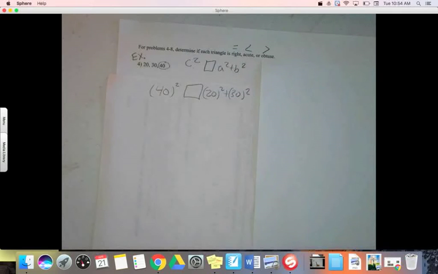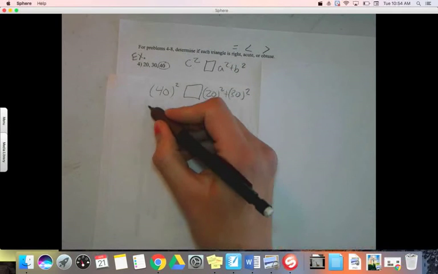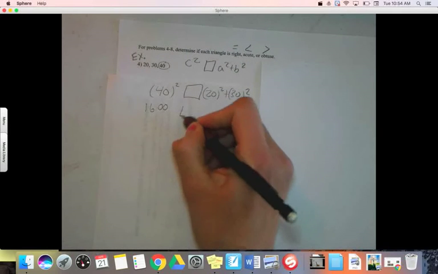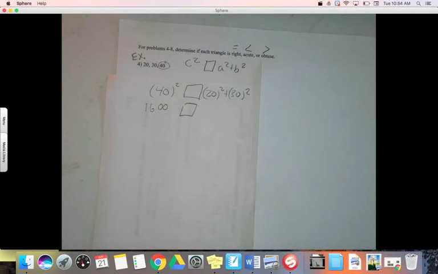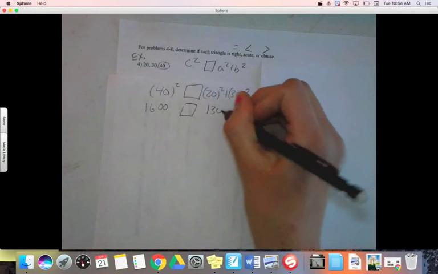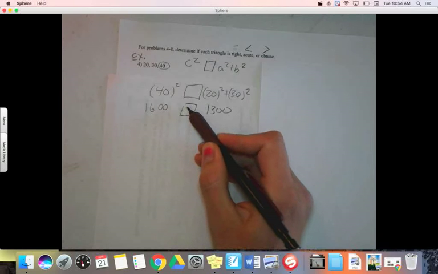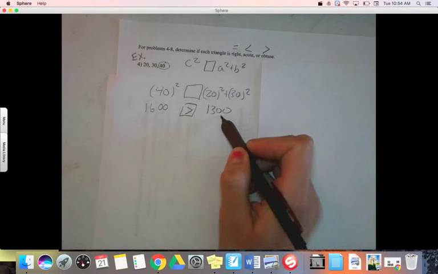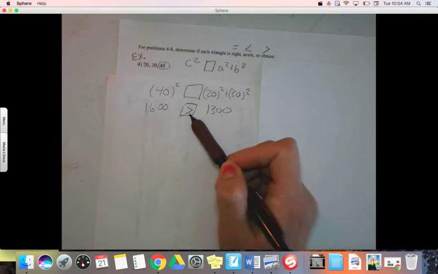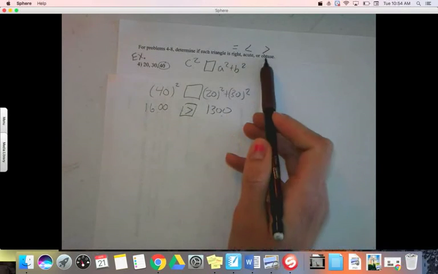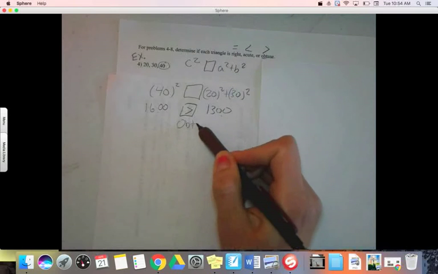So if I figure out what 40 squared is, which is 1600, and what 20 squared plus 30 squared is, 1300, c squared is greater than 1300, so that's a squared plus b squared. So if I have a greater than sign, that means this is an obtuse triangle.